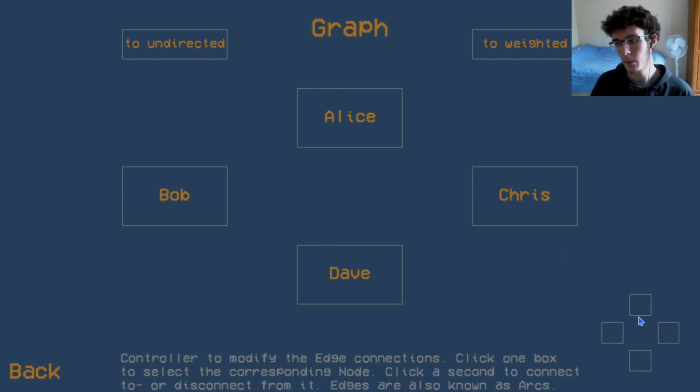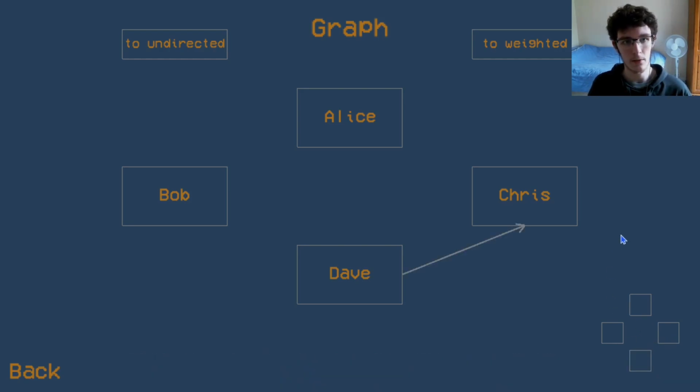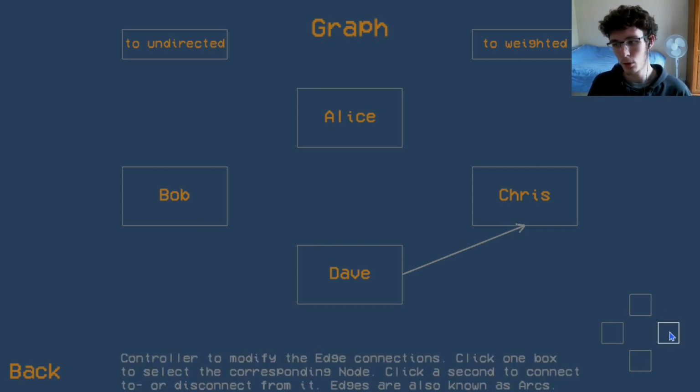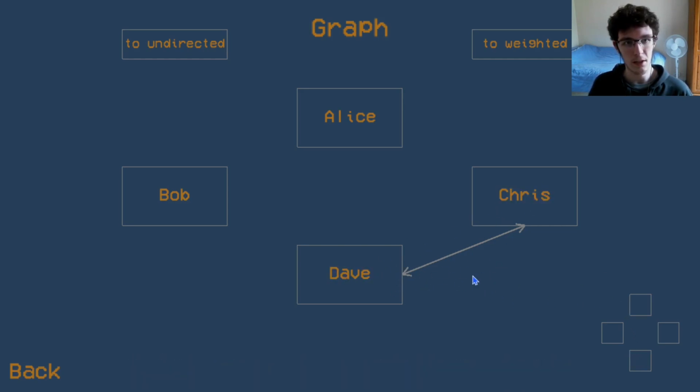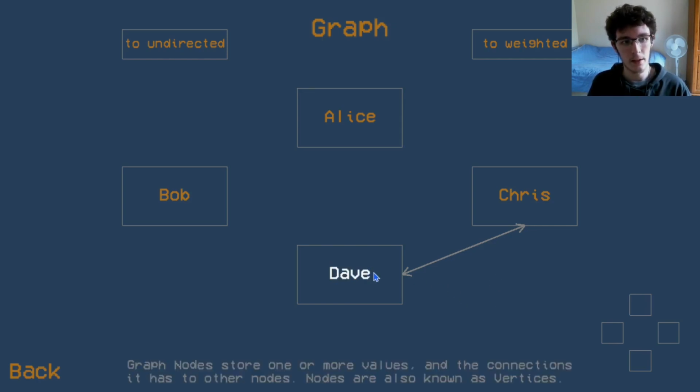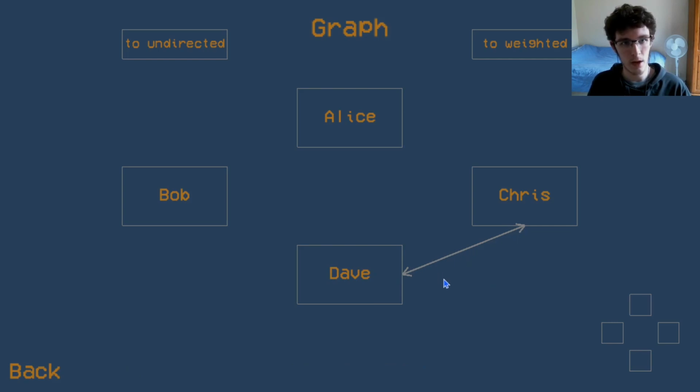So, for example, maybe Dave follows Chris on a social media platform. Now, this doesn't mean that Chris can't also follow Dave. In this case, Chris and Dave both follow each other, but these 2 connections are separate. Whereas if it was like a friend system, Dave could remove Chris as a friend, and Chris would automatically have Dave removed as a friend.